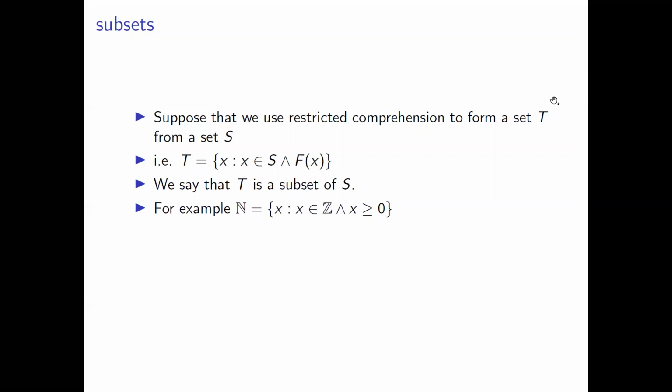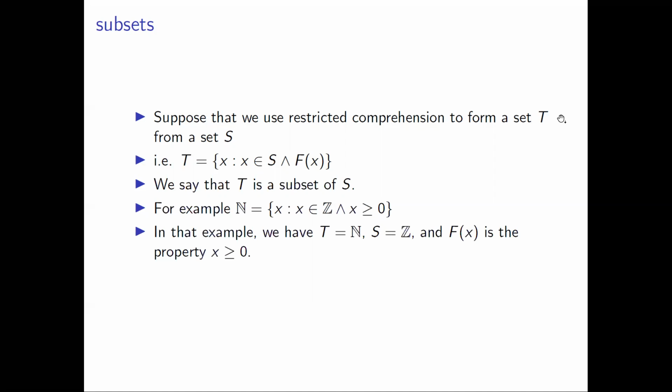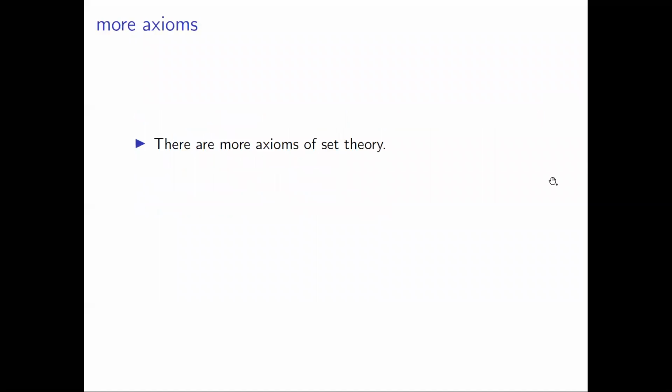This is just an application of the restricted comprehension axiom to the set of the integers, with the property f of x being x is greater than or equal to 0. And that allows us to say that the natural numbers are a subset of the integers.